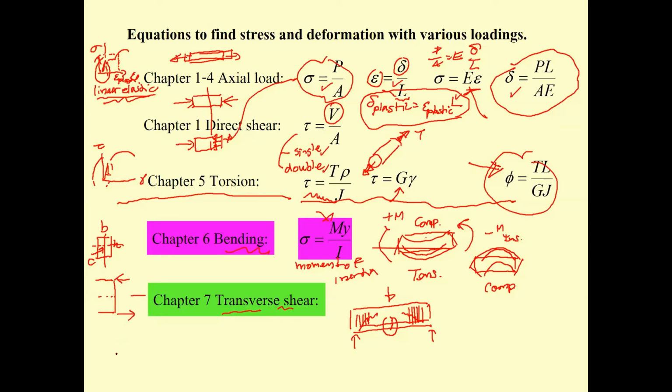How about in between? If you say this is negative, compression, and this is positive, tension, what is in between? It's going to have zero stress. In this case, the distribution of the stress will be compression in the top portion and tension in the bottom portion, and the axis passing through the centroid, we call the neutral axis.